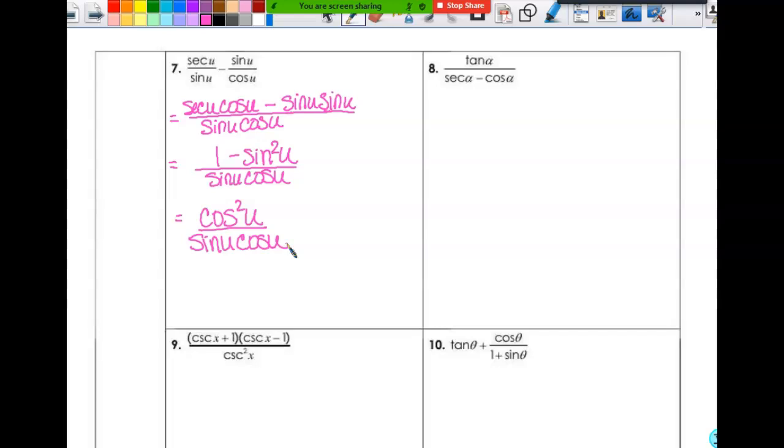Now I can simplify some stuff because I can cancel this cosine with one of those. So that leaves me with cosine u over sine u. And then cosine over sine is cotangent.